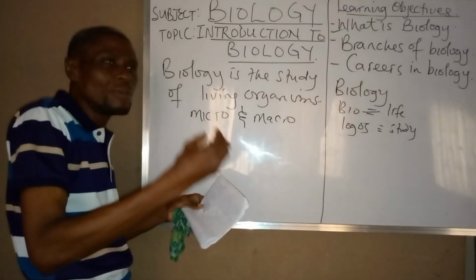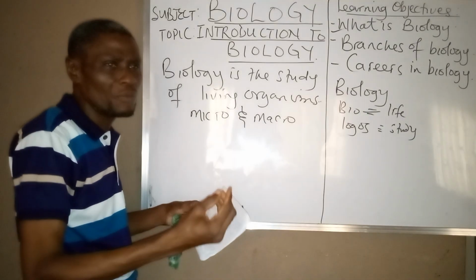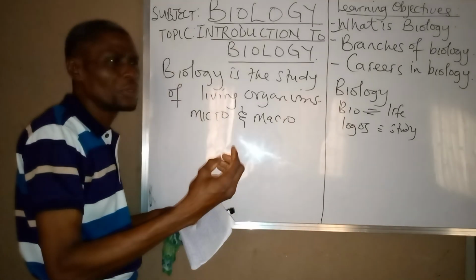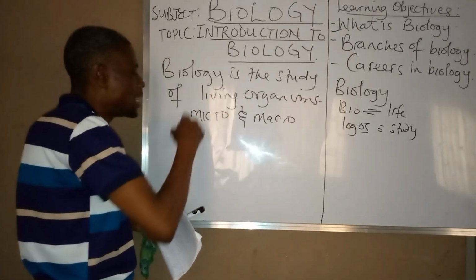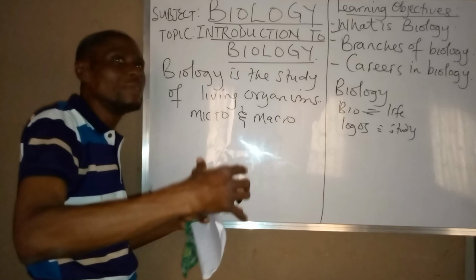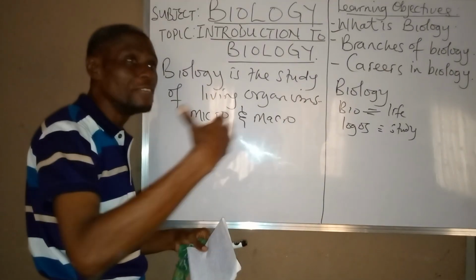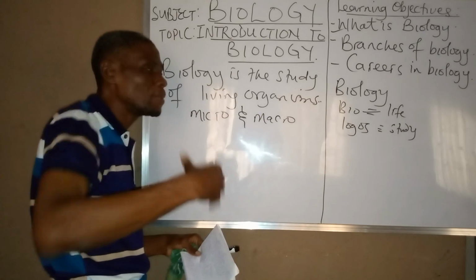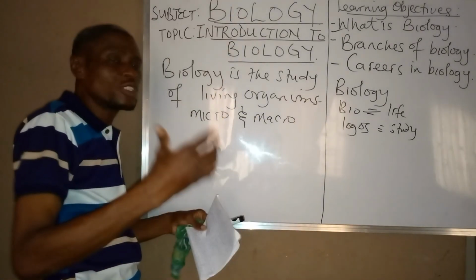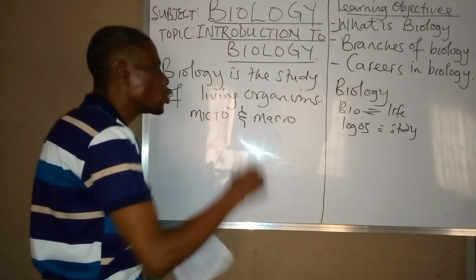We know that we have some living things, some organisms that are very minute, very small, like bacteria and viruses. So biology looks at them; that's what we call micro level. What about macro? Macro means a large level, large scale. Living things that are very big, like big plants, come under macro level.